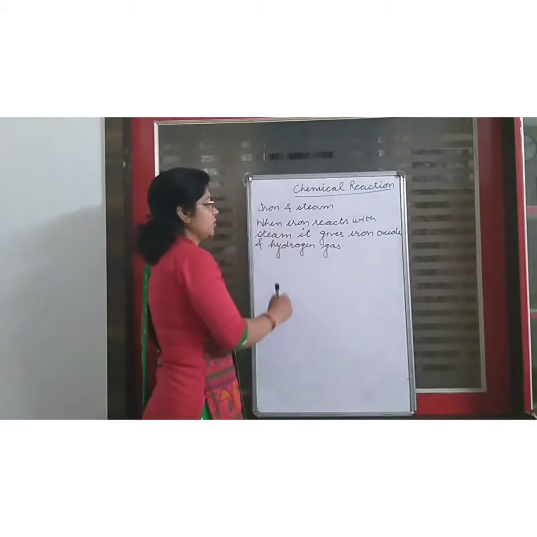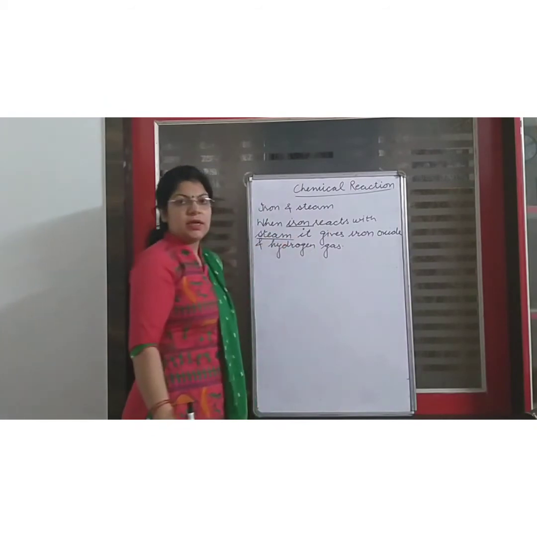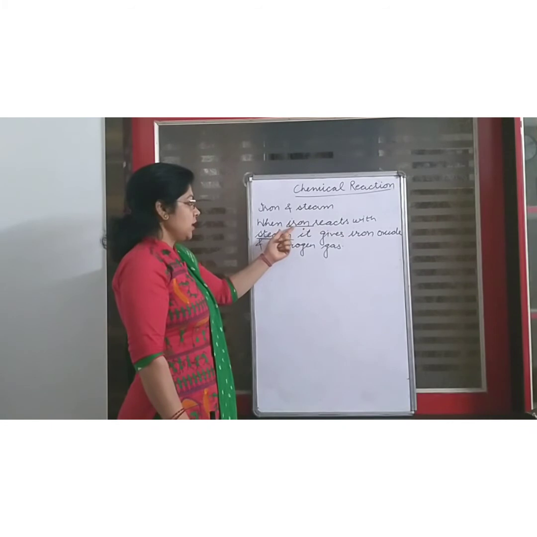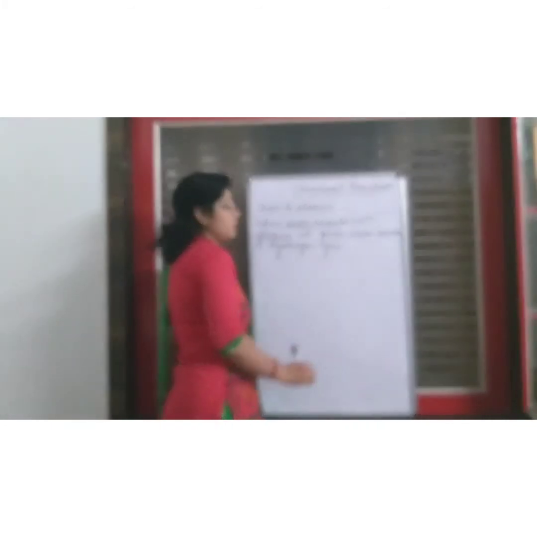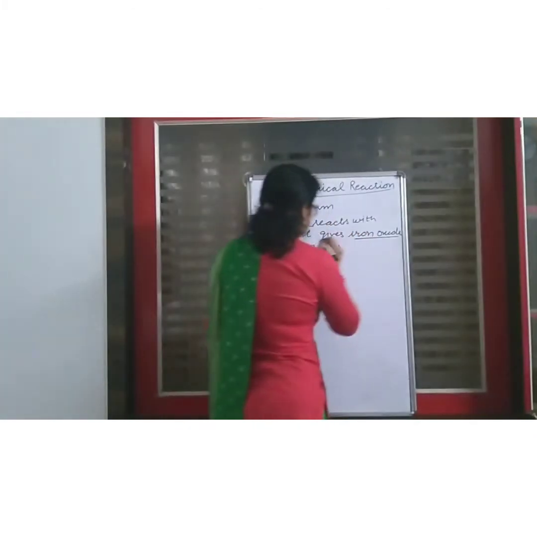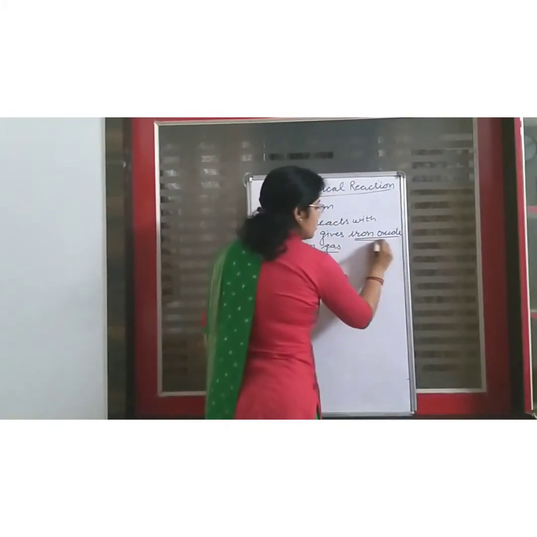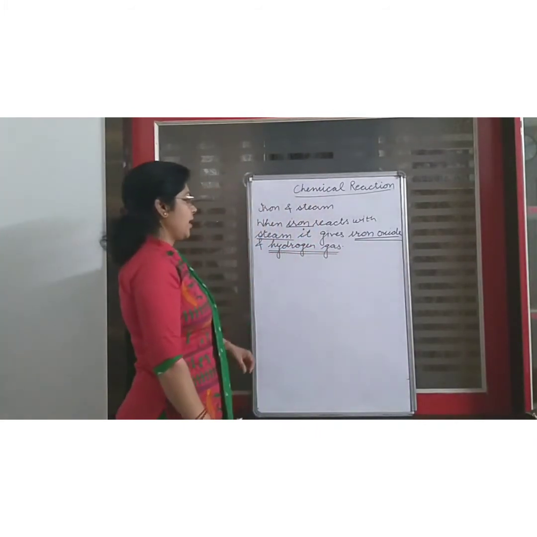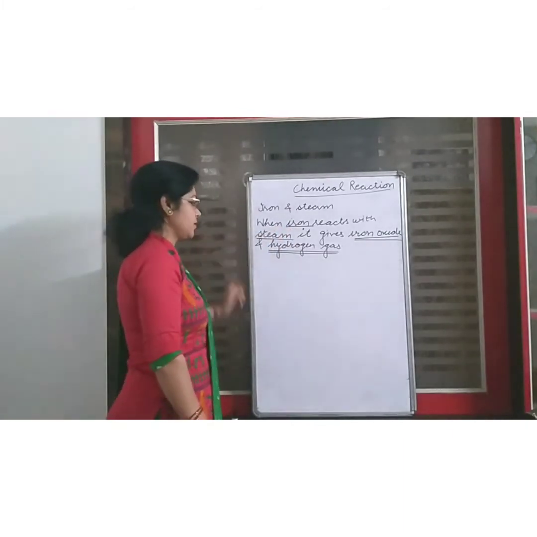In this chemical reaction, the reactants are iron and steam. Steam means hot water. When steam and iron react together, they give iron oxide and hydrogen gas. Means iron oxide and hydrogen gas are products, whereas iron and steam are the reactants.